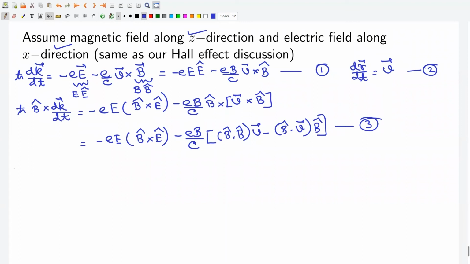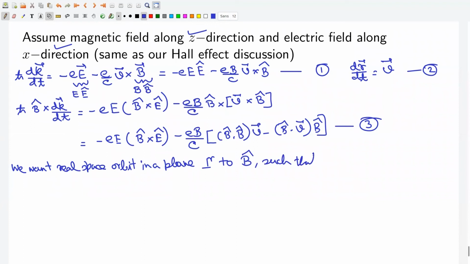Now, as explained in the previous slide, we want the real space orbit in a plane perpendicular to B, such that B hat dot B is equal to 0.